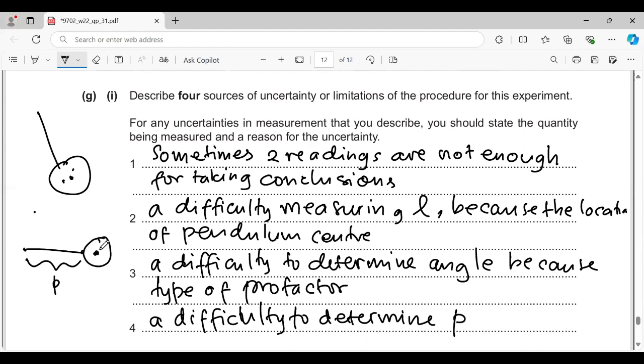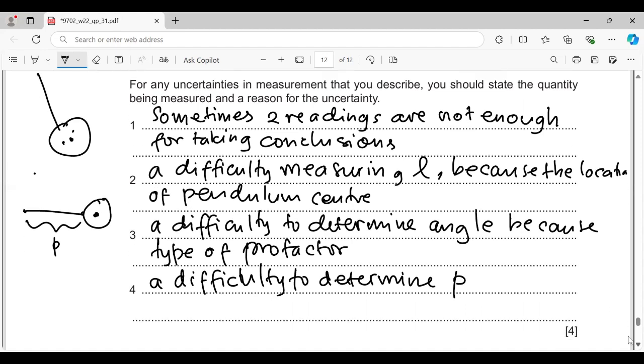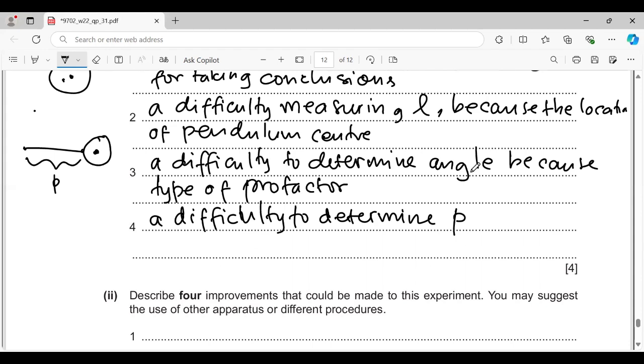So which area is the precise center of the pendulum? We determine P with difficulty because of the center of the clay or of the pendulum.